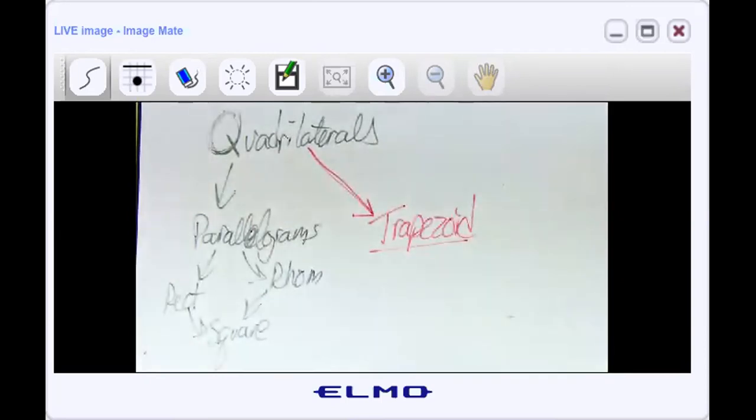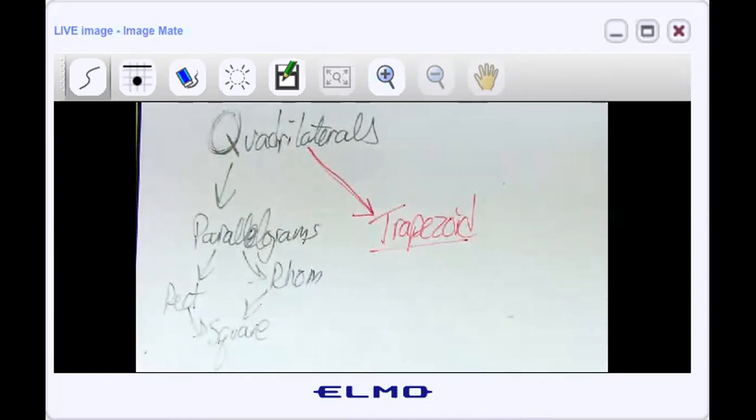So the trapezoid, I'm sure you are familiar with what those look like. You are still going to have four sides, right? That's why it still counts as a quadrilateral, because it's still a four-sided figure. But what makes a trapezoid is that you have one and only one pair of parallel sides.